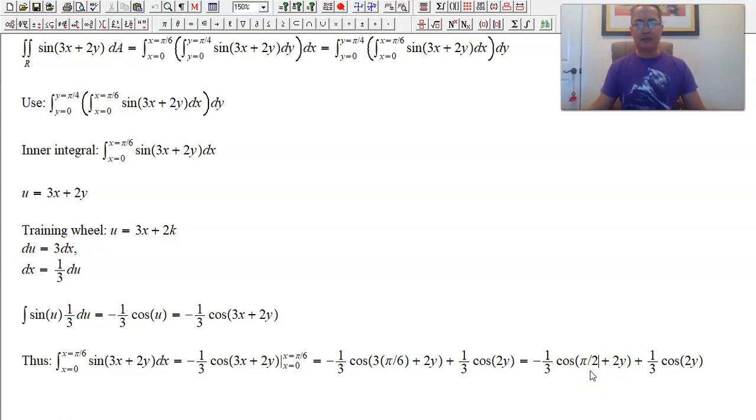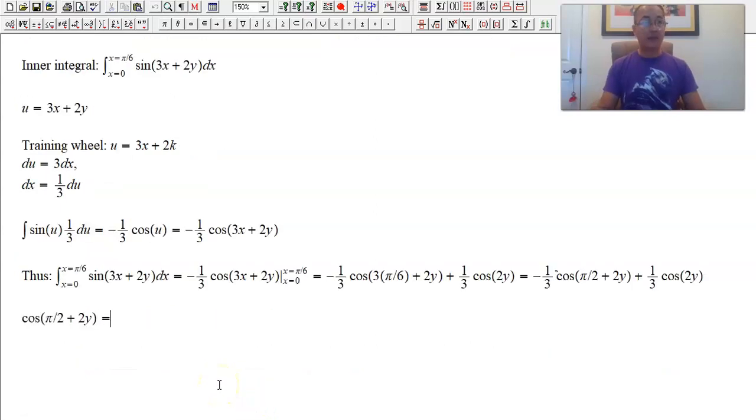Cosine alpha cosine beta minus sine alpha sine beta. So that does have the advantage, doesn't it? So let's try that. It's good to practice our trick.